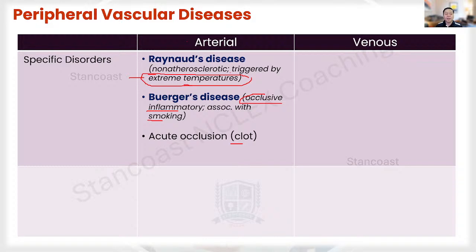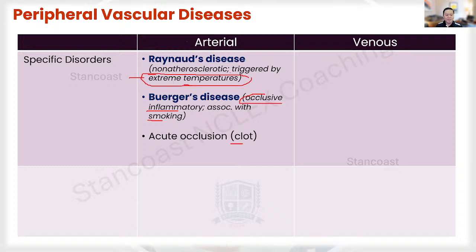It will impair the blood flow and cut off the blood supply to the peripheral organs or distal extremities. This requires emergency treatment, or else that distal part or organ will become ischemic and necrotic. We will not be able to salvage that if we delay the treatment.